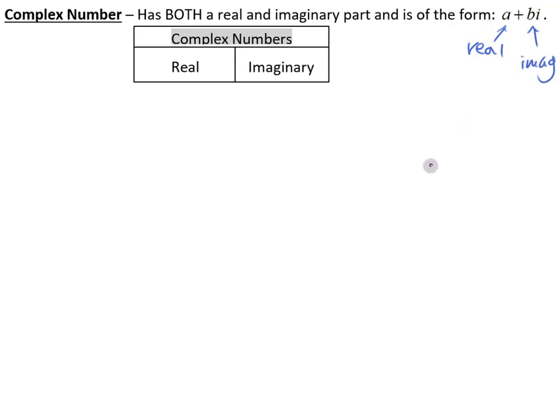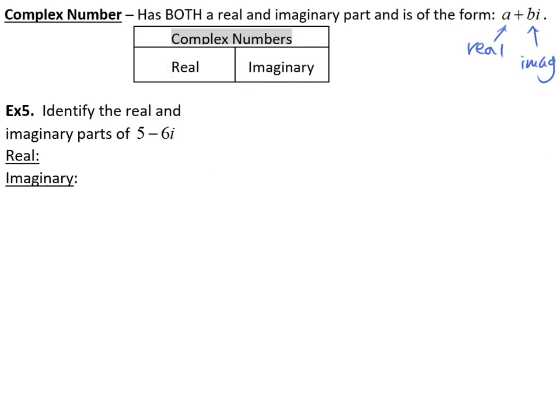Sometimes the real might be 0, or the imaginary might be 0i, but they always have a real and imaginary part. In fact, complex numbers encompass both real and imaginary numbers all together. It's a way of combining both.